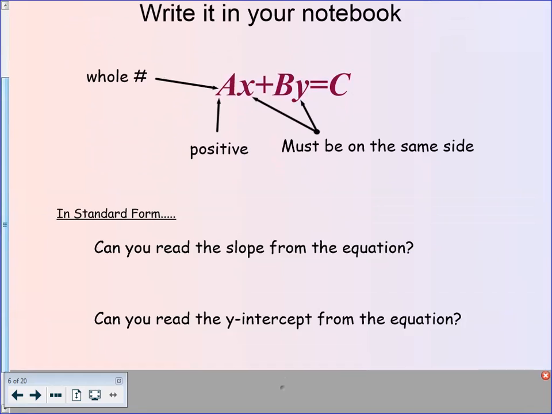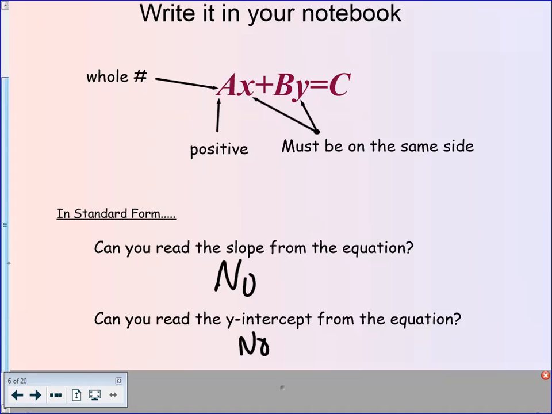Now, other things about standard form that we have talked about in other forms is slope and the y-intercept. If I'm looking at standard form, the question is, can I read the slope from this equation? Answer is no. Can I read the y-intercept from this equation? No. If I ask, could I find a point from this equation? Answer is no. I cannot identify, honestly, anything when I'm in standard form.